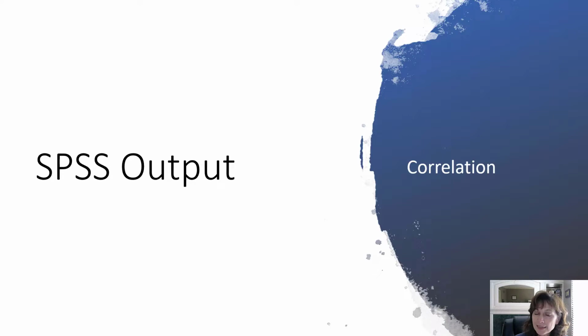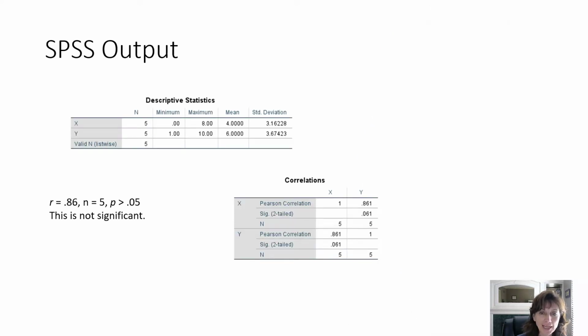Now, one last thing I want to do is talk to you about the SPSS output for correlation. And you can see it's very simple. So here, we're just looking at the correlation between x and y. If I put those values into SPSS, my output would first give me information on the mean and the standard deviation, the descriptive statistics for x and y. And then you see a table that says correlations.